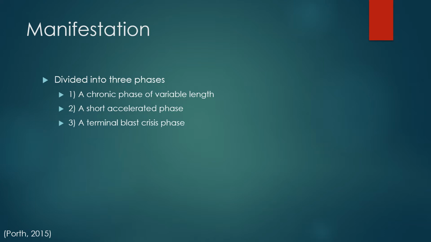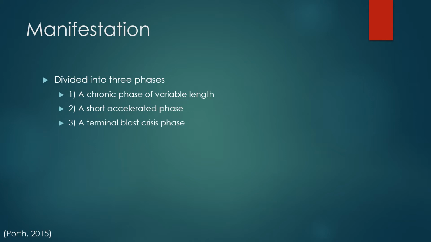During this phase, your symptoms are generally low-grade fever, night sweats, bone pain, weight loss, and you have easy bleeding or easy bruising due to the dysfunction of platelets. This phase is relatively short and it only lasts about 6 to 12 months.